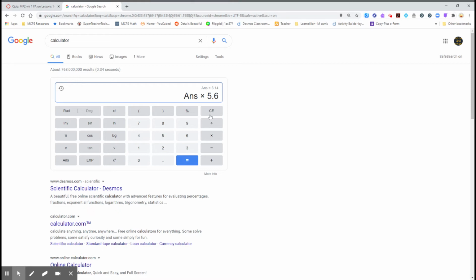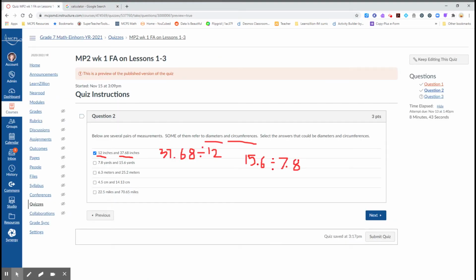Oops, sorry, let's clear that again. 15.6 divided by 7.8. Well, that's only 2. That's not close to 3. That's not 3 point something. That can't be a circle because we know the constant of proportionality has to be pi. So that one is not correct.